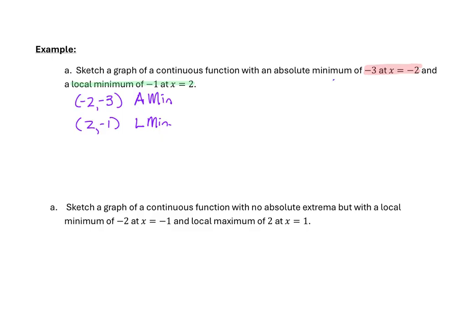Okay, so now when we graph this, we have -2, -3. And because it is an absolute minimum, I know that everything else has to be above it. So this is not going to extend down forever. And we also have a local minimum at 2, -1.